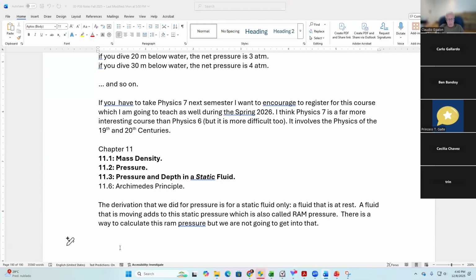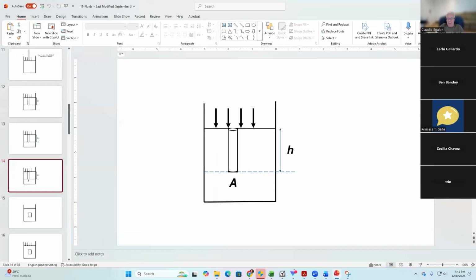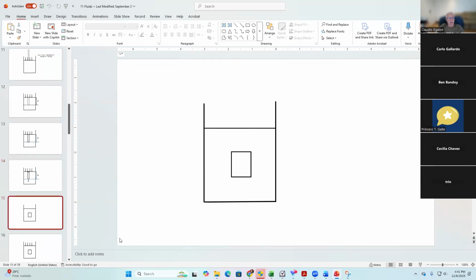Okay, so just remember that pressure increases with depth, right? Now, because of this increase in depth, there will be a pressure differential between the top of an object and the bottom of an object. Can you picture that? Okay, so here you go. Here's my object underwater. Here's another object underwater. This object is subjected to this atmospheric pressure at the top, right?